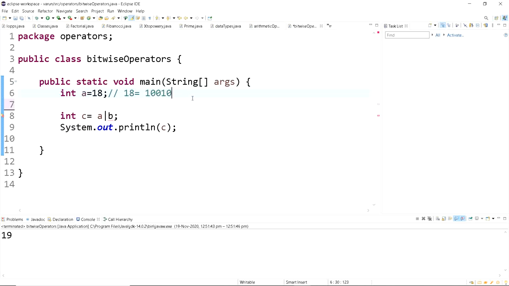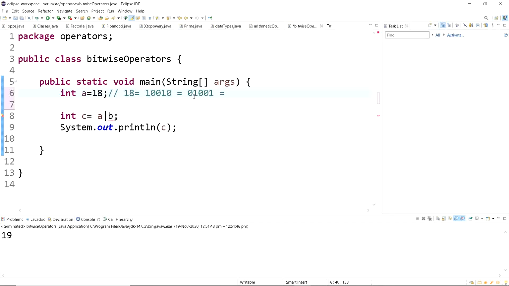If you right shift this 18 one time, you remove the last 0 and put a 0 at the front. So that would be 01001.